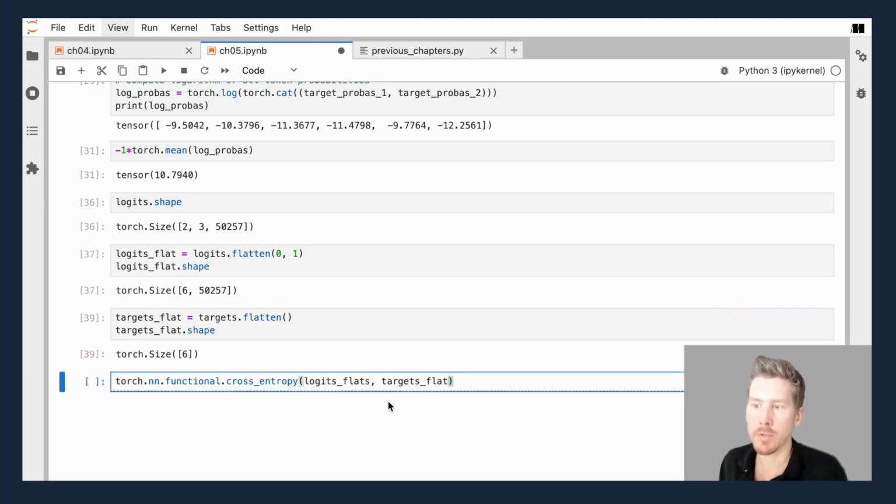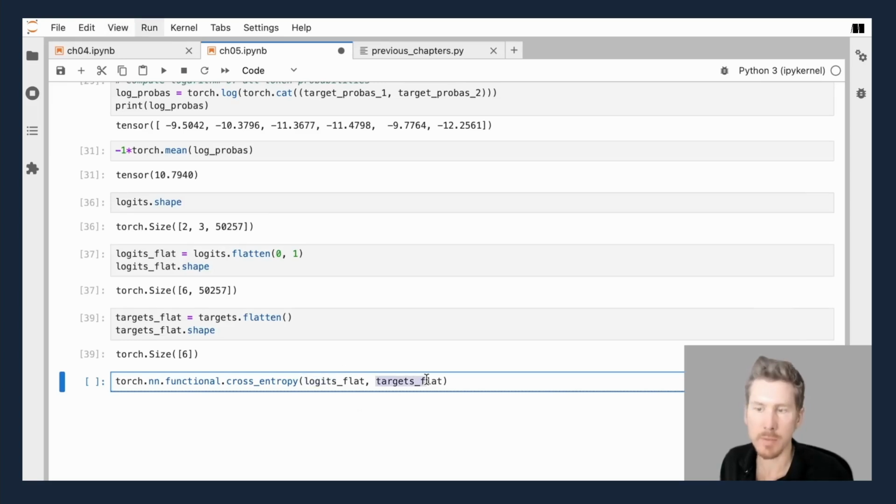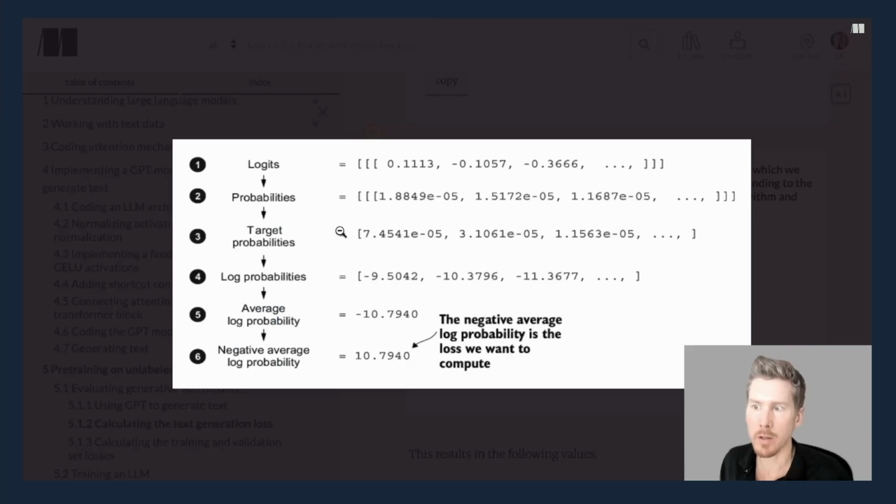And so here, what this is doing internally for the logits, it's internally computing the softmax probabilities. It's getting the correct probabilities according to the target token IDs. So it's getting them from here. That's why we have to provide the targets. And then it's computing the log probabilities, averaging them, and computing the negative, like the -1.